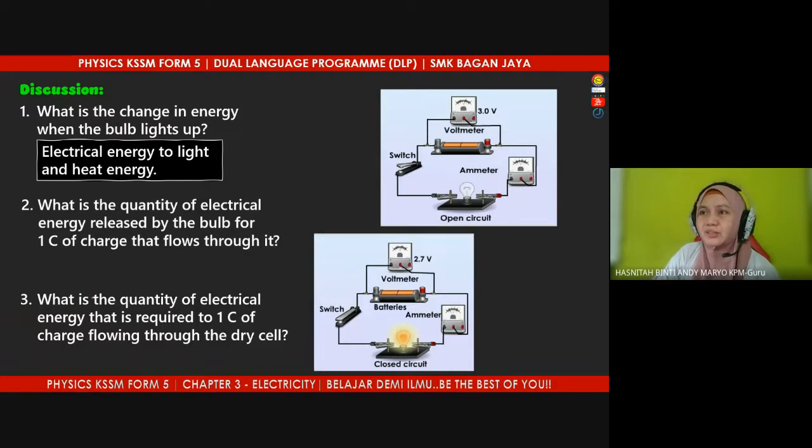And the third question, what is the quantity of electrical energy that is required for 1 coulomb of charge flowing through the dry cell?